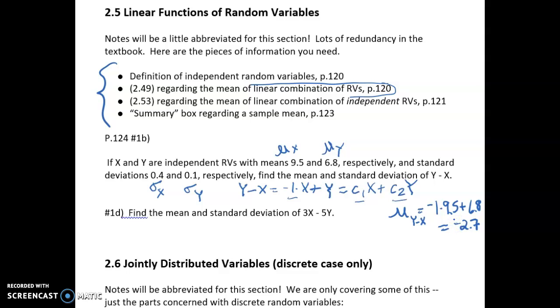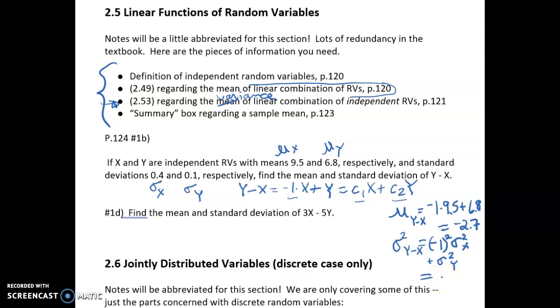If we wanted to find the standard deviation, we need to do the variance instead, because we don't have a formula for standard deviation. We only have a formula for variance. This is 2.53, about the variance of the linear combination. It says you square the constants times the variance of X, plus the squared constant times the variance of Y. But for Y it's just 1.